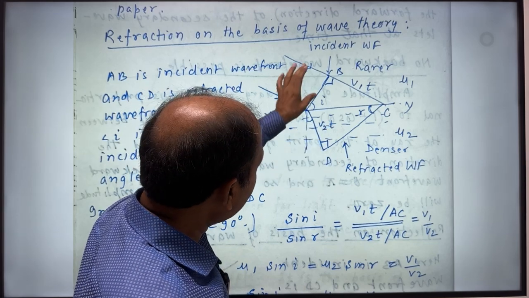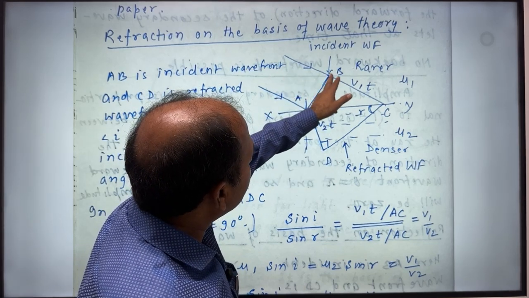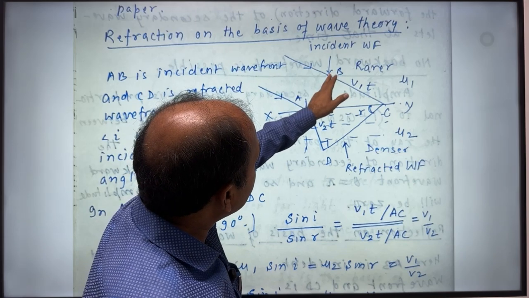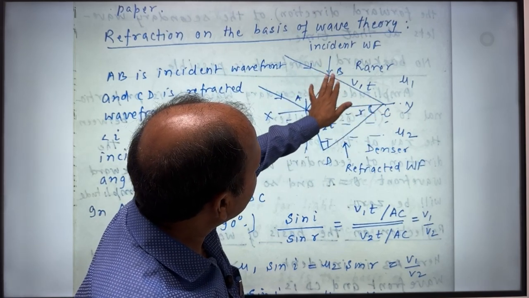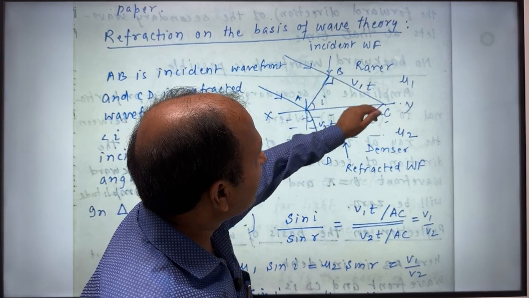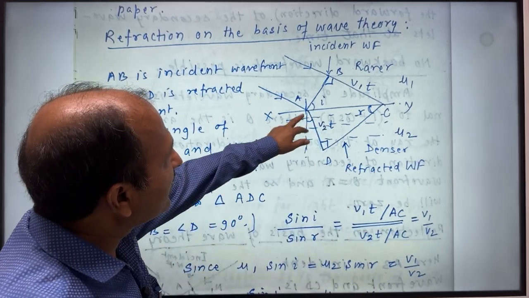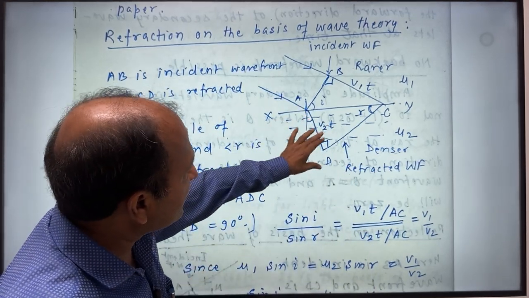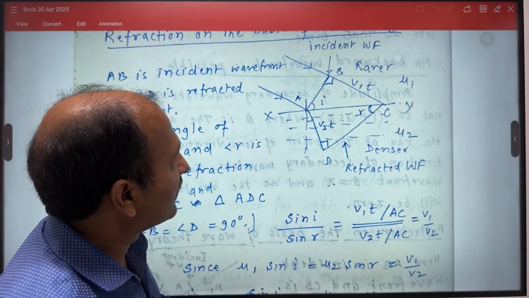Now during time t, this point travels from here to here. So the distance traveled by the light will be BC in time t, that is v1t. Similarly, here speed will become v2, time is same, so this distance BD will be v2t, correct?